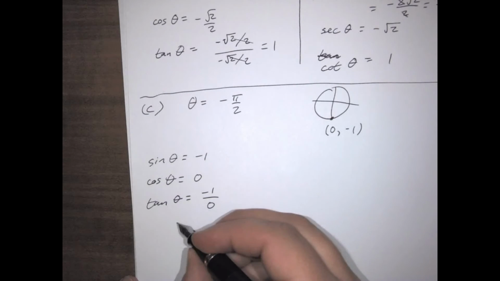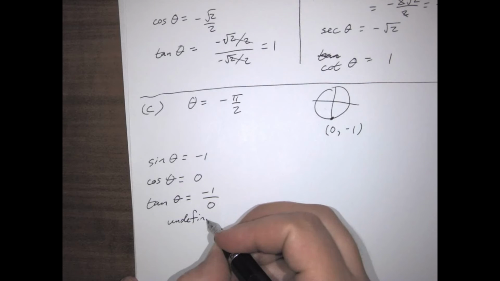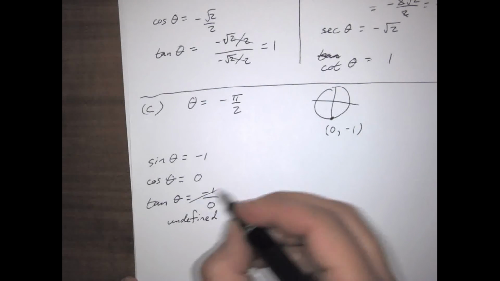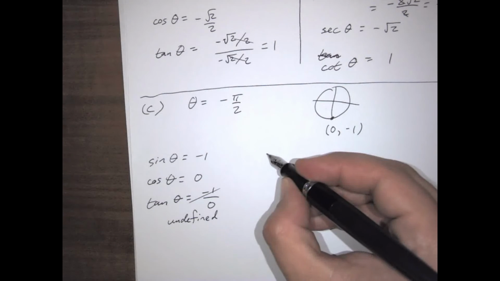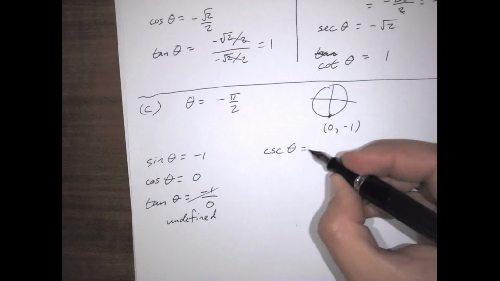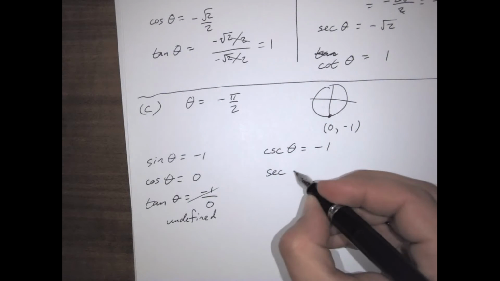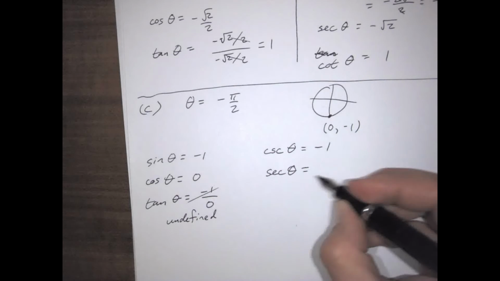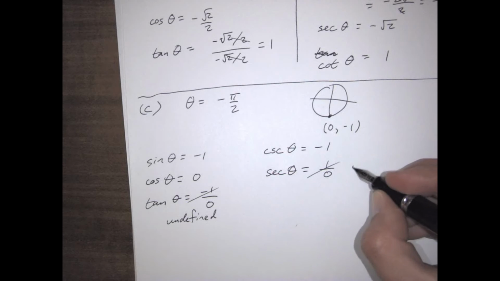You can't divide by 0. Cosecant is the reciprocal of negative 1, which is negative 1. Secant theta is the reciprocal of 0, which is 1 over 0, which is undefined.